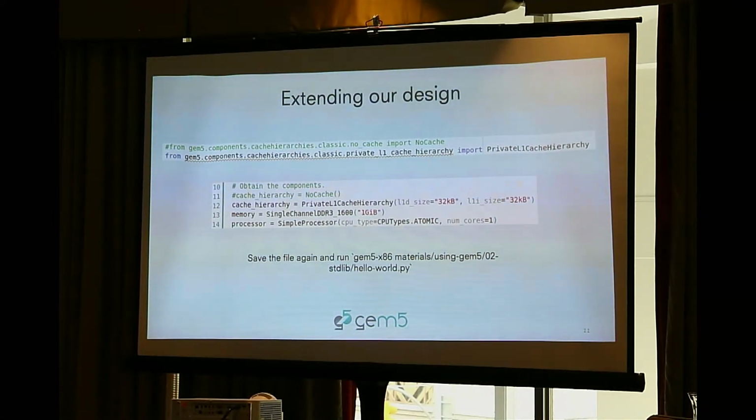Then you do simulator with the board, simulator run, and in almost all simulations, you're going to require some sort of binary or disk image. You can get these using the gem5 resources, and we provide more and more with every version of gem5. In the next example, we're going to show using more complex resources such as kernels and disk images.